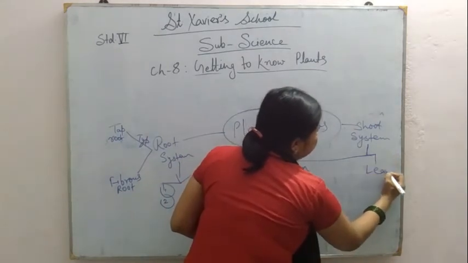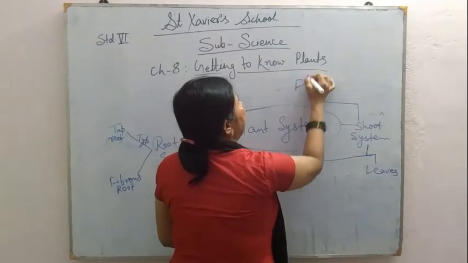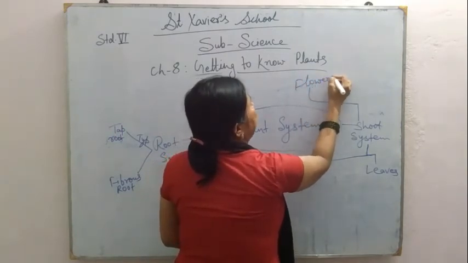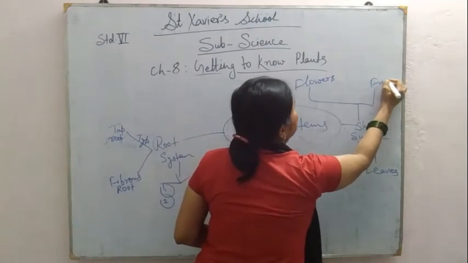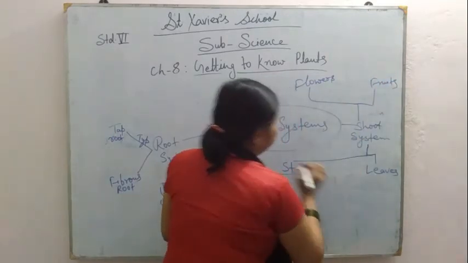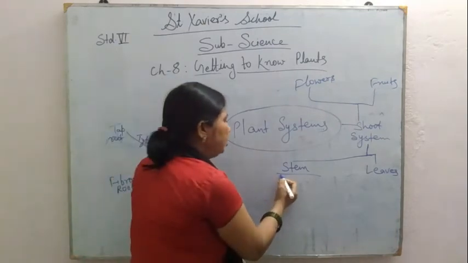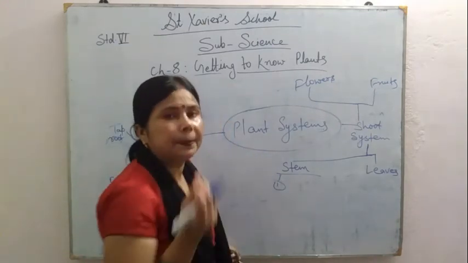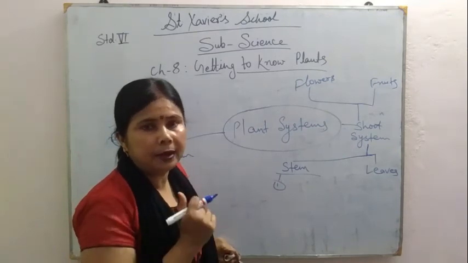And the parts of a shoot system are stem, leaves, flowers, and fruits. So stem. What are the functions of stem? The first function is it supports the plant. Second, it bears different parts of the plant.